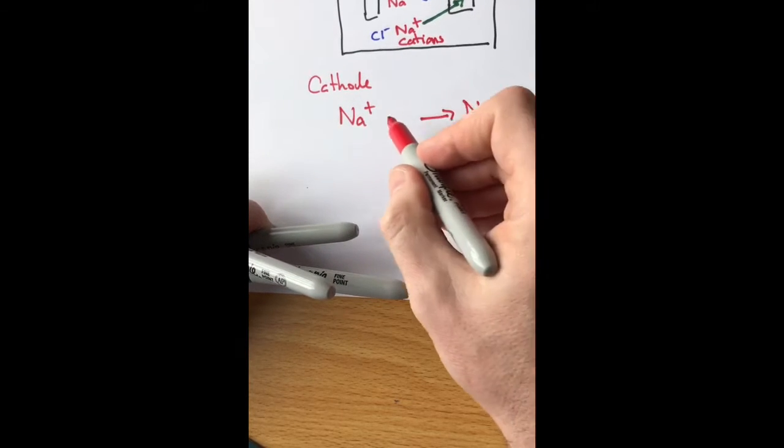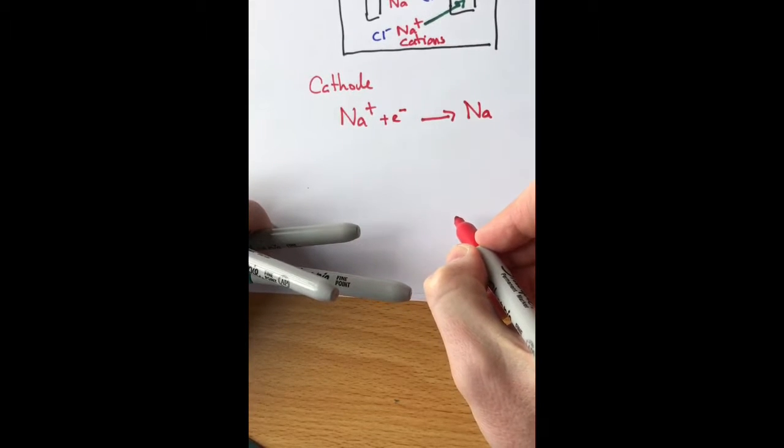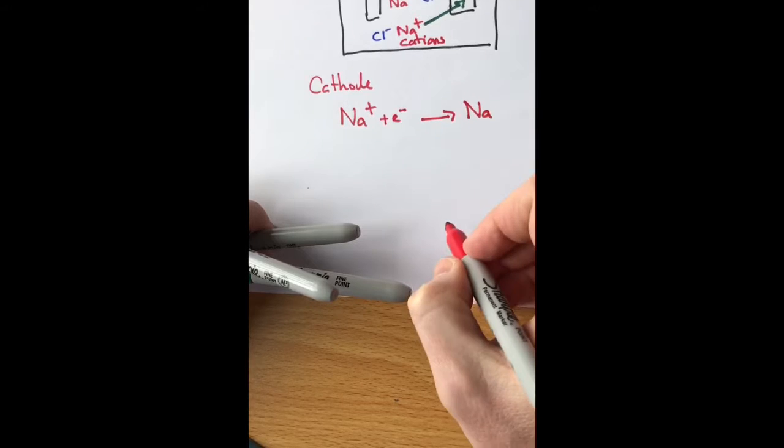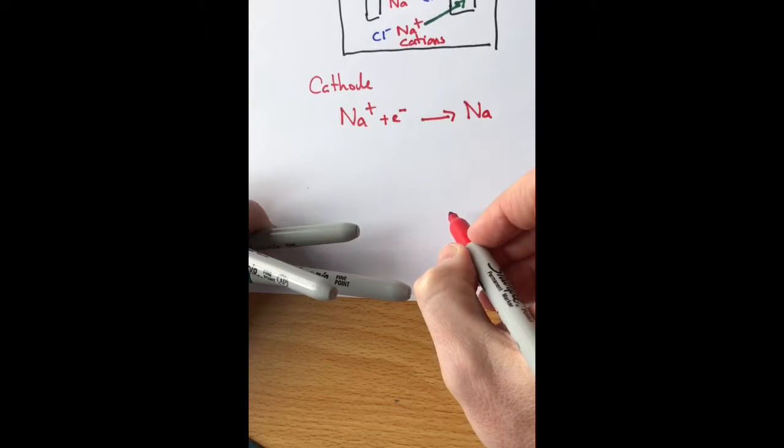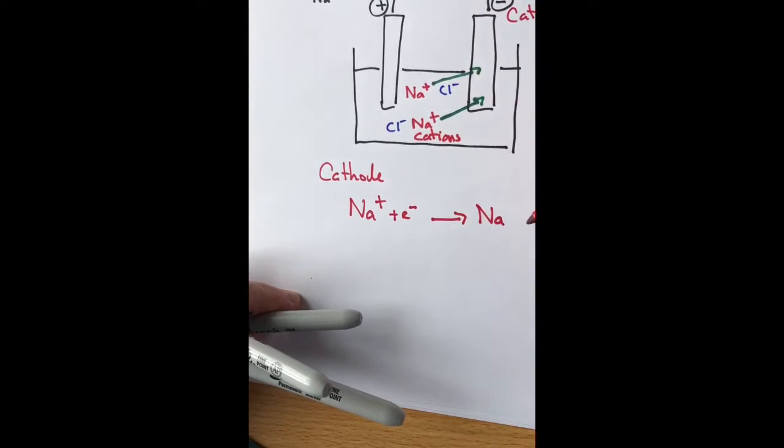The way we do this is these positive ions pick up a negatively charged electron, and they then become a sodium atom. So that means at this electrode we are going to start to produce sodium from our sodium ions.